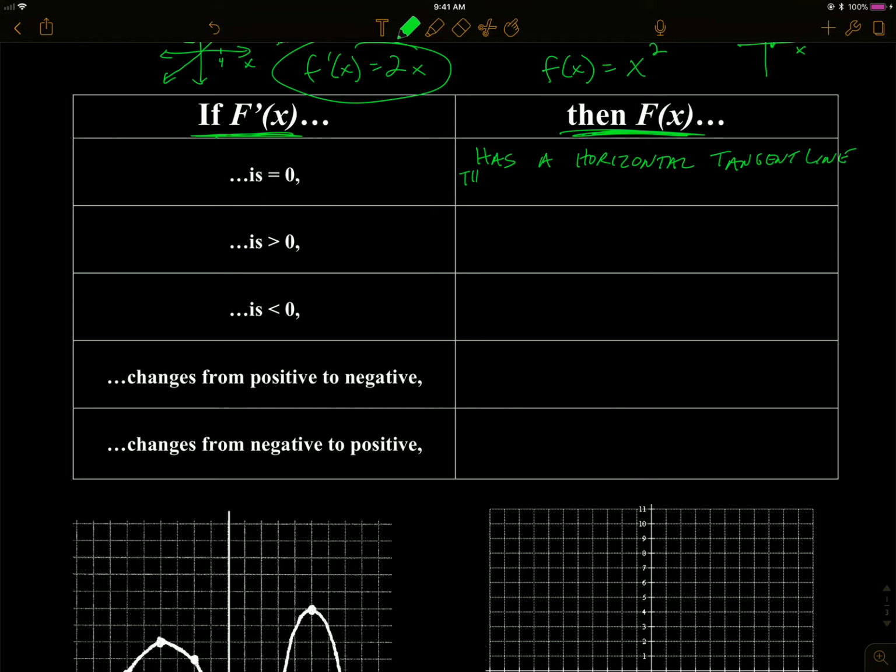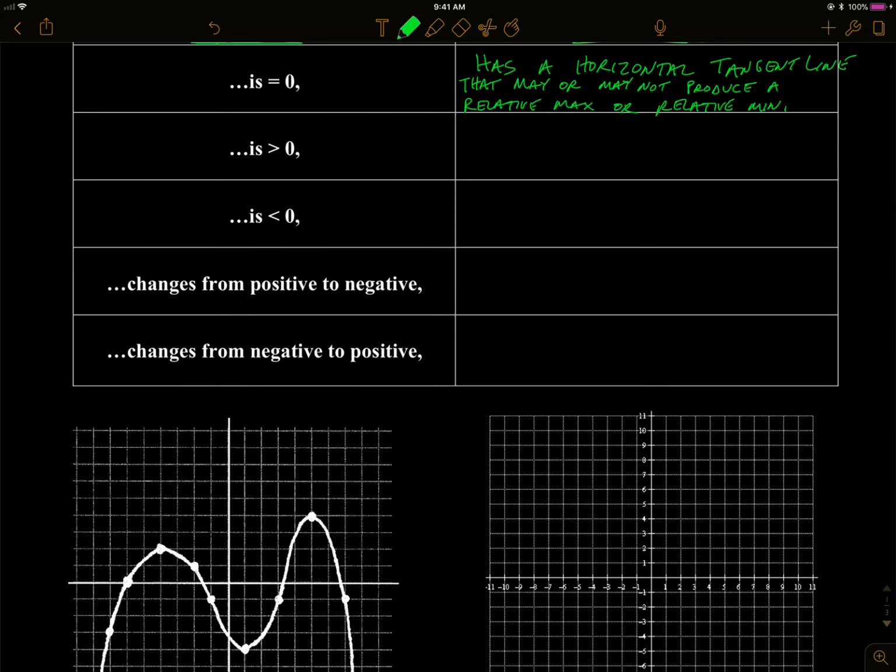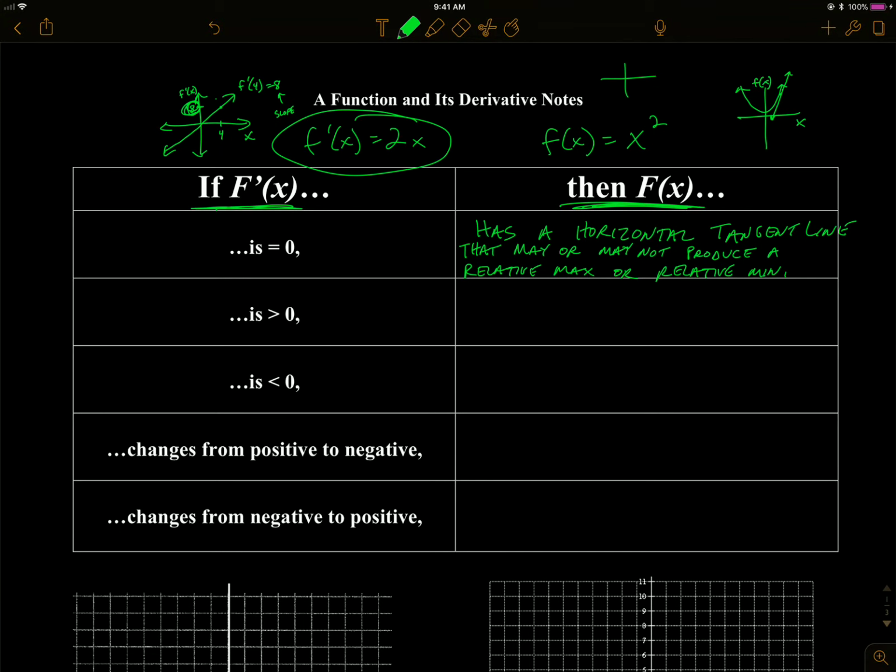Now, just because it's horizontal, it may or may not produce a relative max or a relative min. So just because the derivative is 0, f may or may not have a max or a min at that spot. We saw a point of inflection the other day on that.